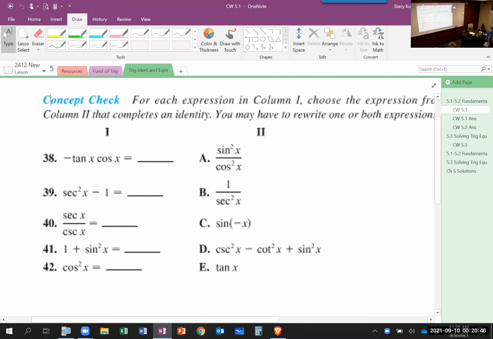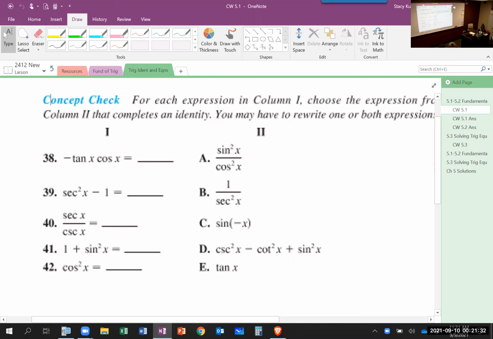Tangent squared, why are you using this?